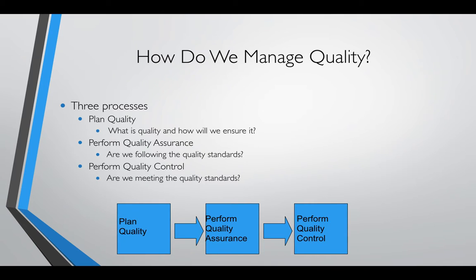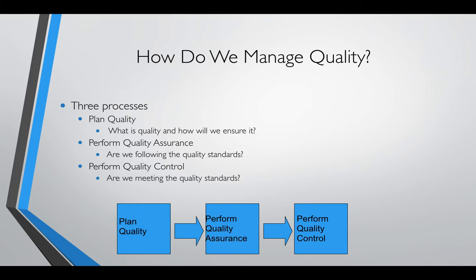Okay, moving on. So, how do we go about managing this quality? We want quality work, but how do we manage it? So, we have three processes. The first is we plan for quality. What is quality and how will we ensure it? We perform quality assurance.